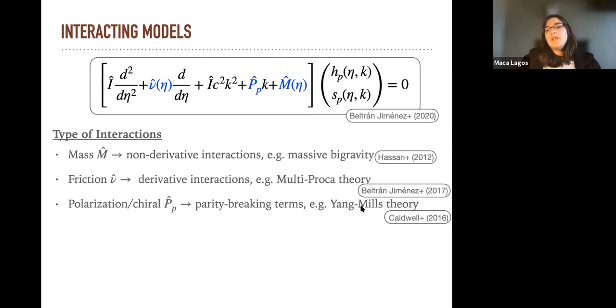This can happen in Yang-Mills theory. Again, you have multiple vector fields with some internal symmetry that makes them behave as a tensor field at the end of the day, but these vector fields behave differently for left and right polarizations. So this is just to motivate some of the theories that would be described by an equation of motion like this if you choose specific forms for these blue matrices.